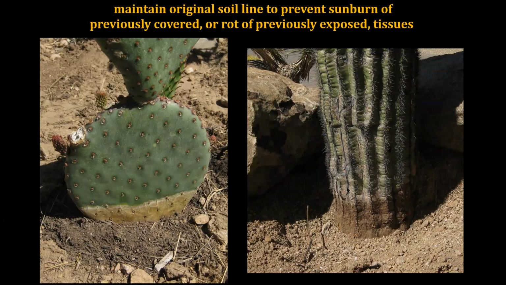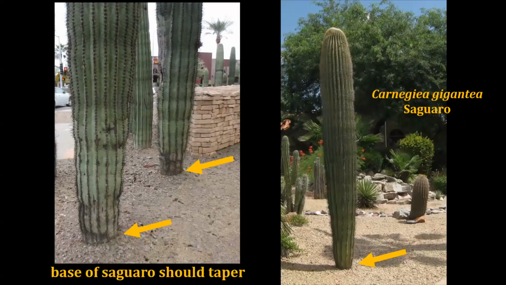What will happen is, it might be 5 years, probably even more like 10 years down the line, that stem section that was planted way too deep will eventually start to decay. And then eventually you get your saguaro doing this. So this one had been buried way too deep, and I had excavated 8 inches of soil, and still needed a lot more excavation to uncover the damage done.